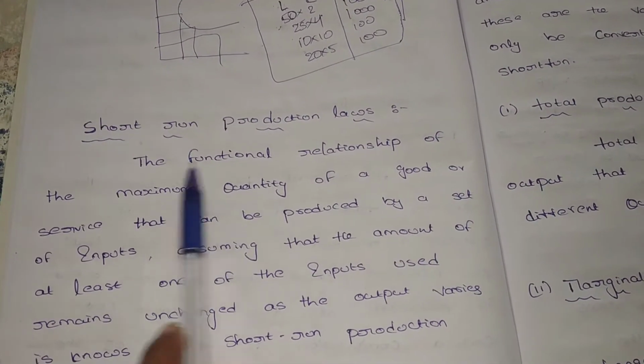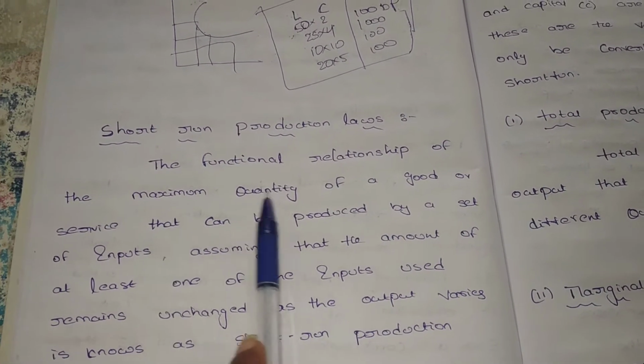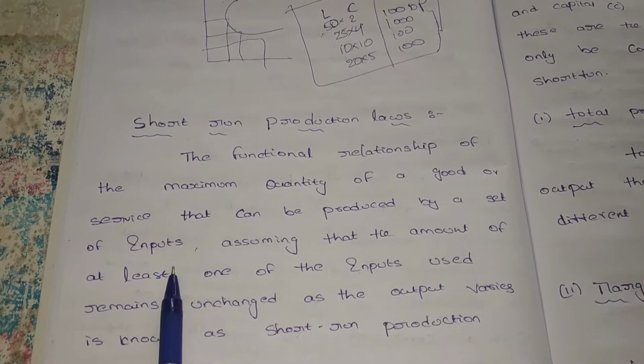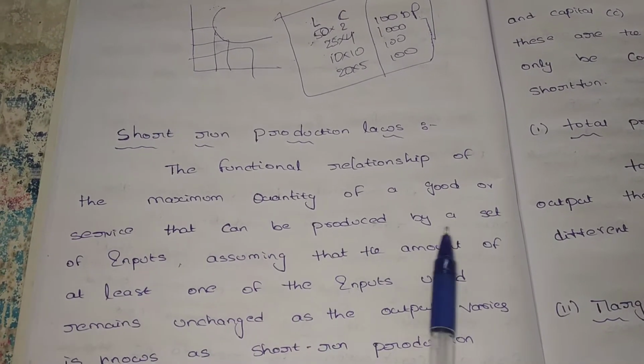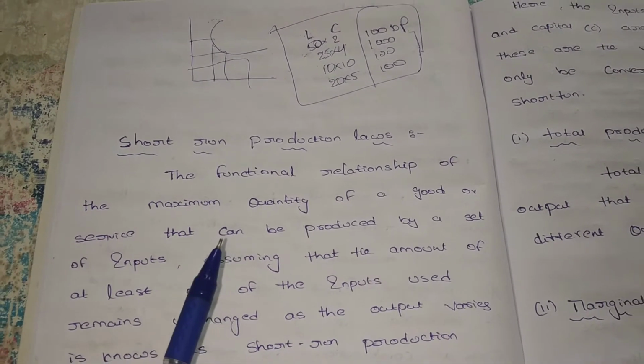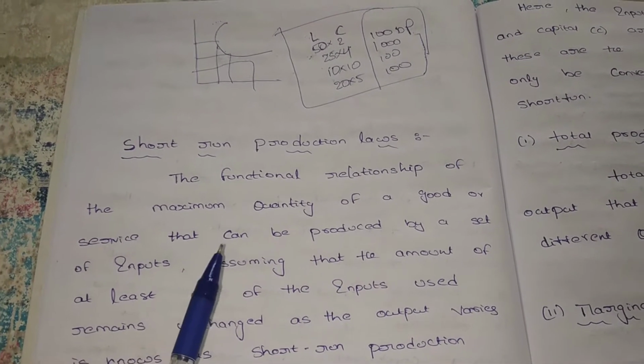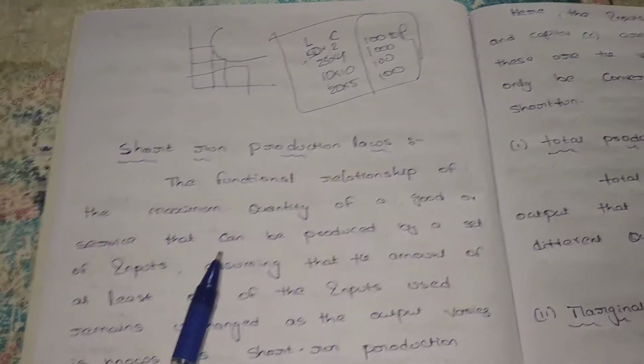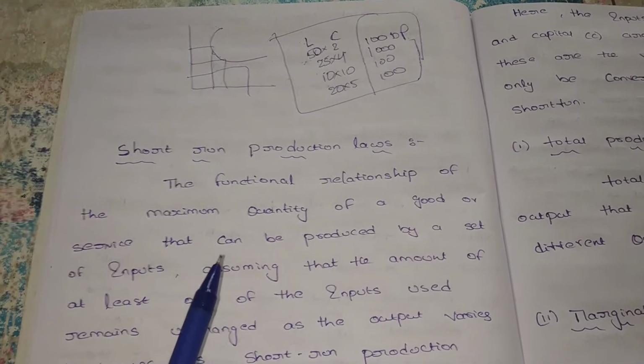Let's see here. The functional relationship of the maximum quantity of a good or service that can be produced by a set of inputs. The short run production function shows the relationship between the inputs we are using for producing our output.